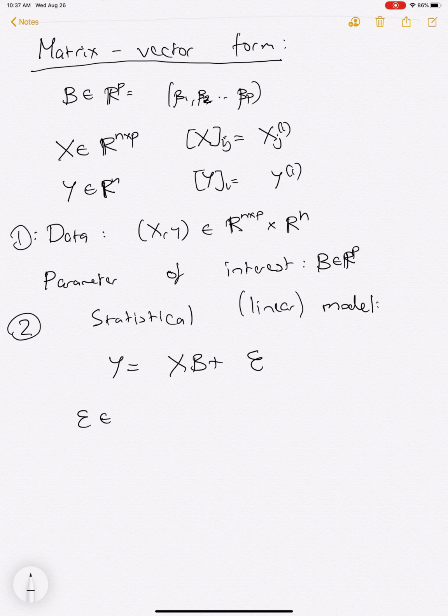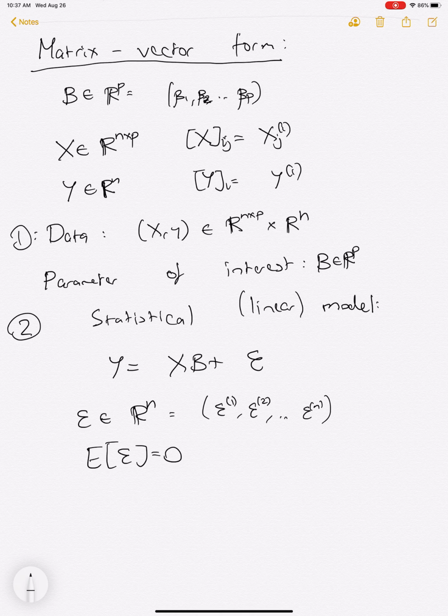Epsilon now is also an n-dimensional vector, and the expectation of the whole vector epsilon is 0.